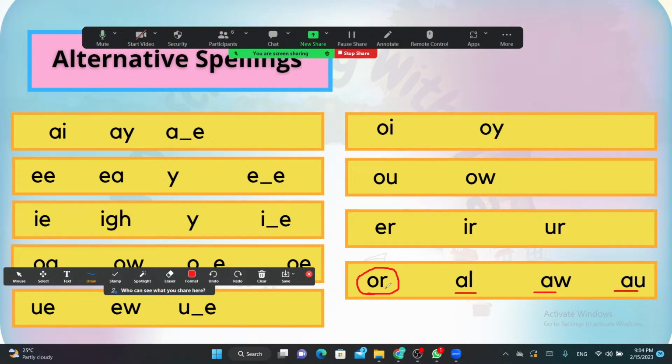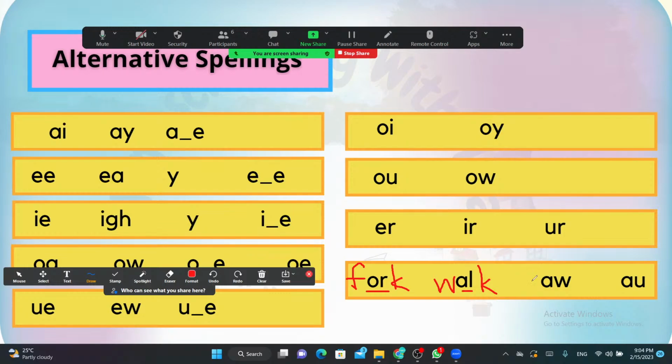So if you go for British pronunciation, this spelling is aw without R. This is also aw. For example, let me give you the words with them. The word is fork, not fork, fork. This is walk, walk, aw, walk.